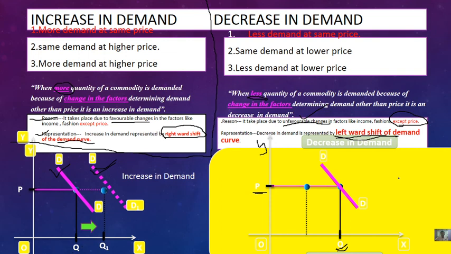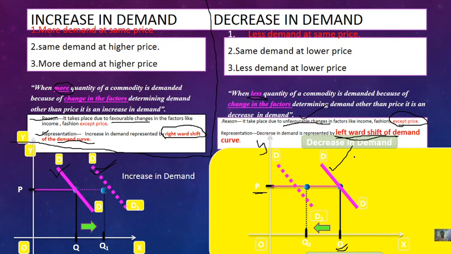This is the original demand curve DD, but due to unfavorable changes in the factors which determine demand, the demand curve shifts leftward from the original demand curve DD.